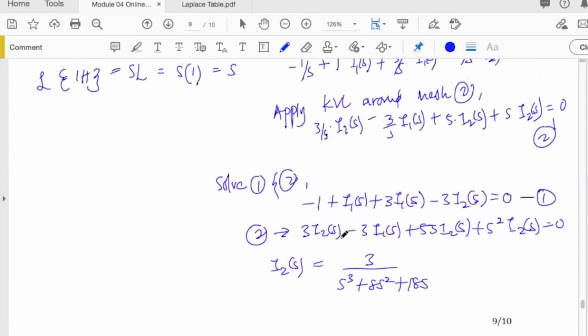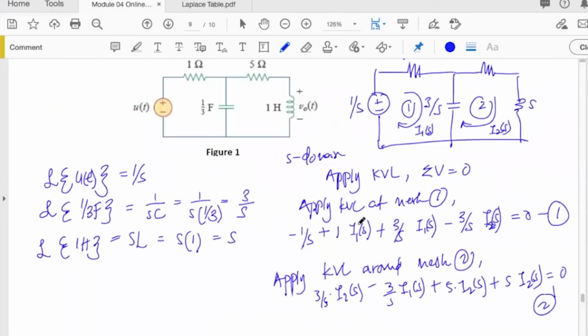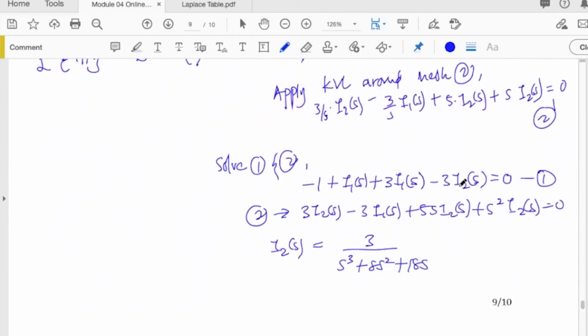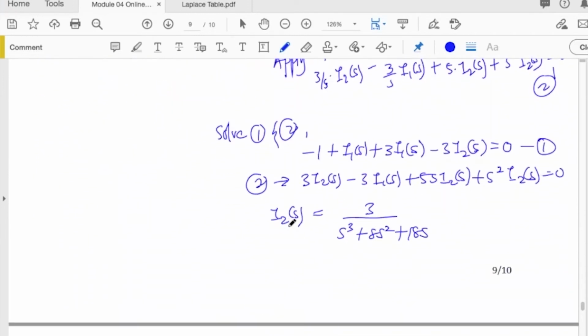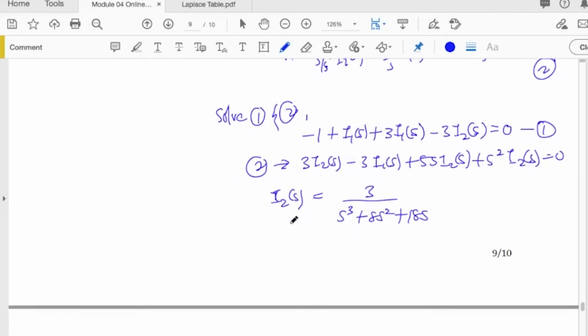Since we want to find the voltage V naught(t), in the s domain that would be capital V naught(s). The voltage drop inside the inductor depends on the current I2(s), so that's why when we solve equations 1 and 2, we want our current I2(s), so that we can use the current to find the voltage drop.